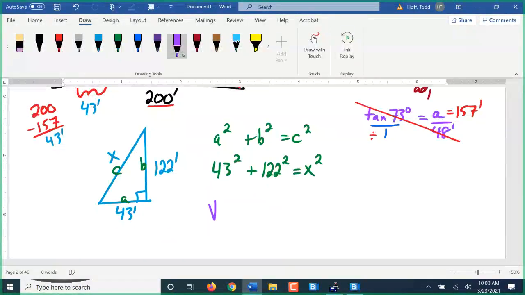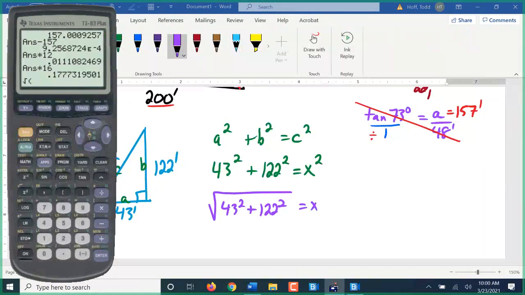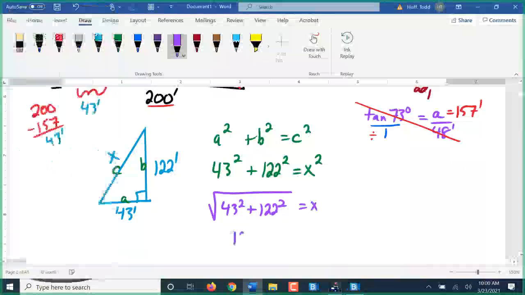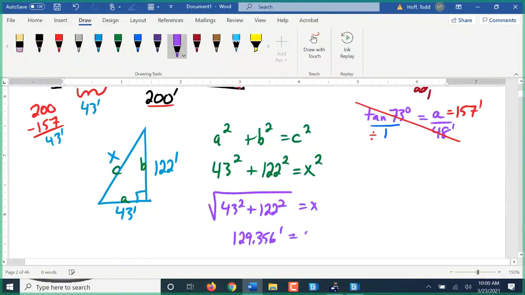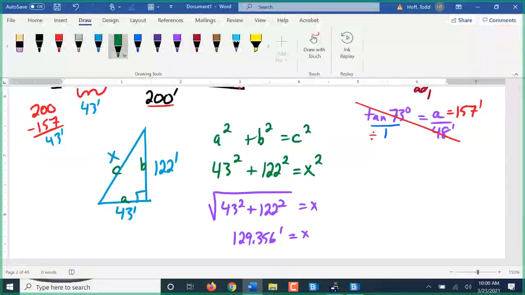So this is the square root of 43 squared plus 122 squared is going to give us x. Giving us 129.356 feet equals x. So once again, that's 129 feet.